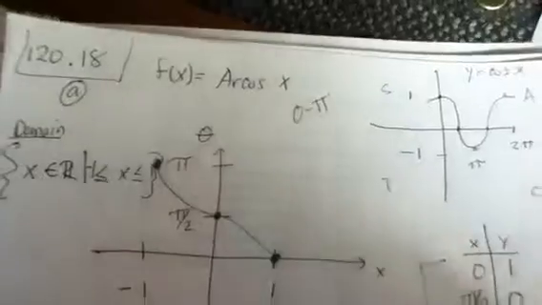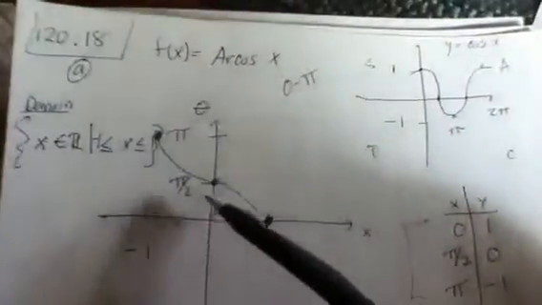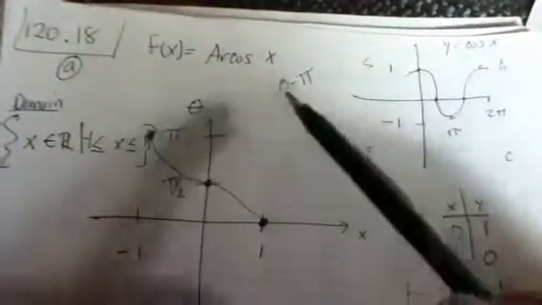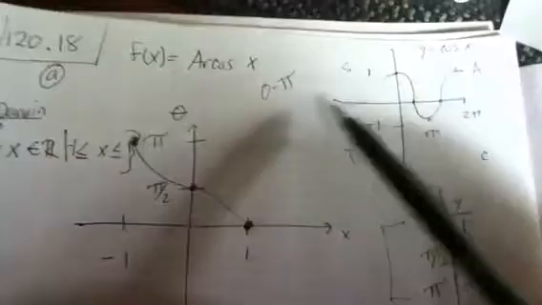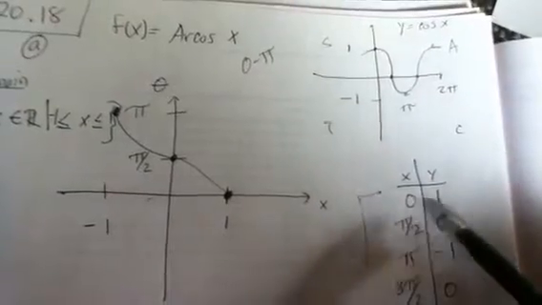Now I know my degree measures only need to go between 0 and pi, so I don't need a lot. I just need to show the part that's between 0 and pi. And then my 1 and my negative 1, we just did it opposite. We labeled the axes opposite. And then I just go ahead and do the ordered pairs that I have.